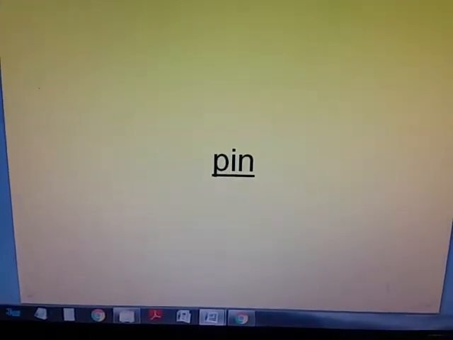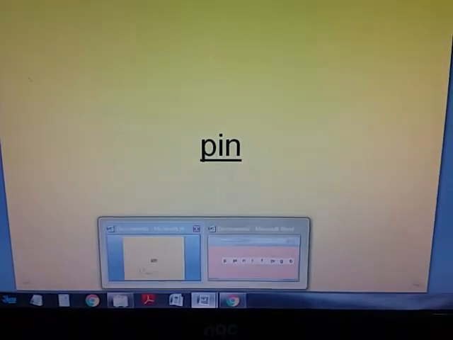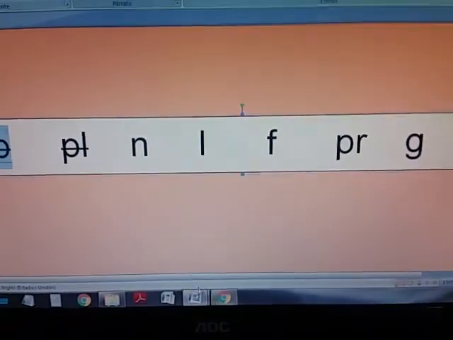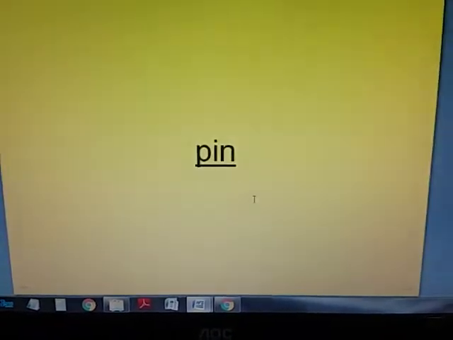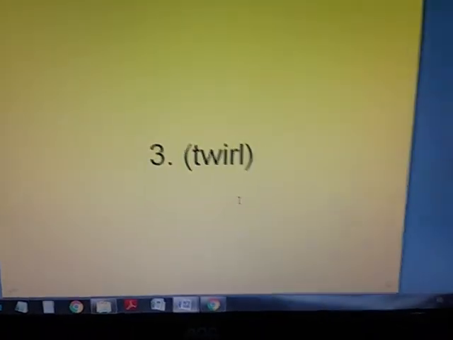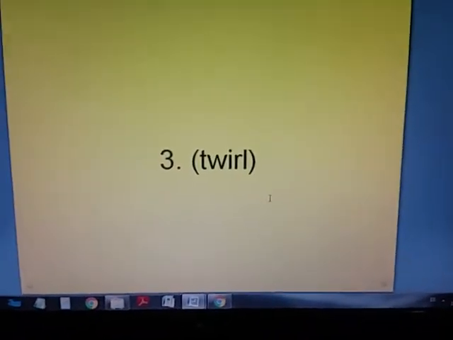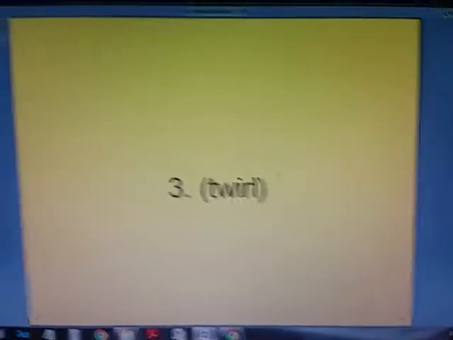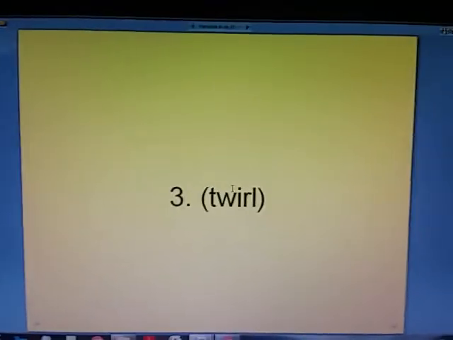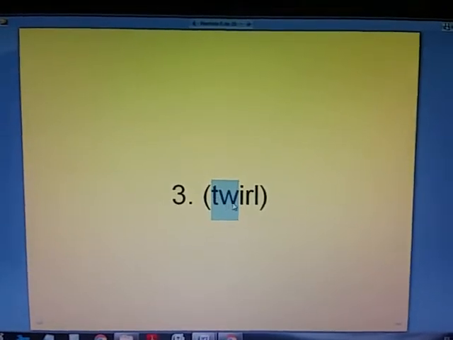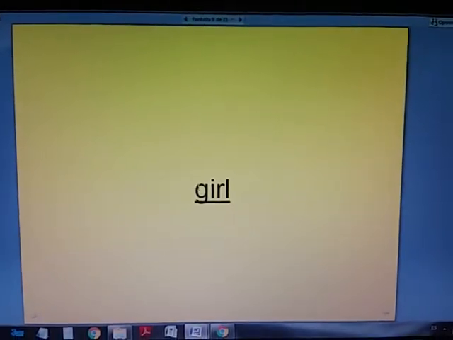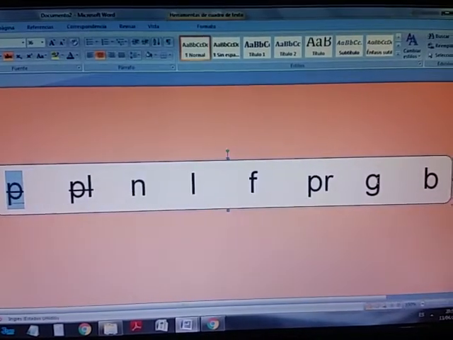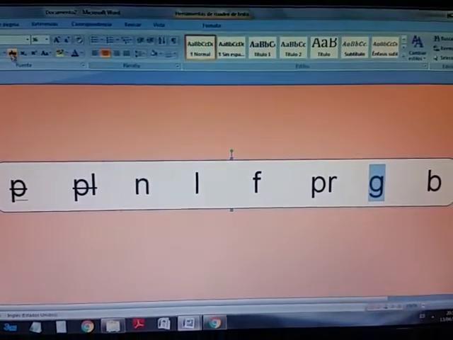I'll go over my set of answers and I'll cross out the letter P. Okay, and let's continue over number 3. The question says, the opposite of a boy. That's easy. Instead of TW, it's gonna be letter G for girl. Girl. Let me cross this out.